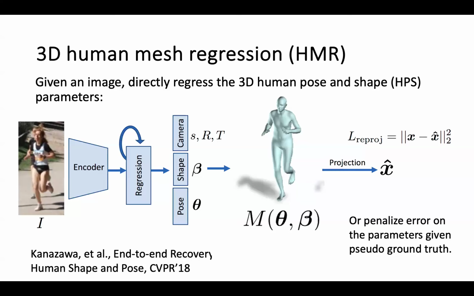And you typically do this by creating a 3D body model, simple body model, M here, taking the 3D joints, projecting them into the image with a simplified camera model, and then comparing them to 2D key points in the image. Alternatively, if you have pseudo ground truth data, you can penalize errors on the parameters directly, but that pseudo ground truth data is probably created from 2D key points.